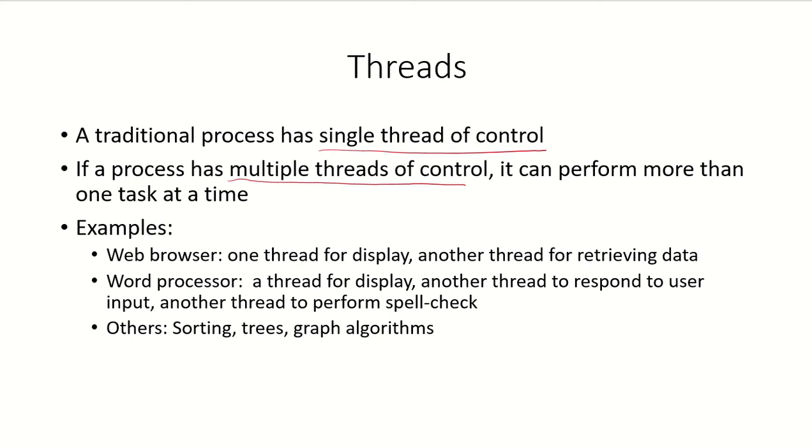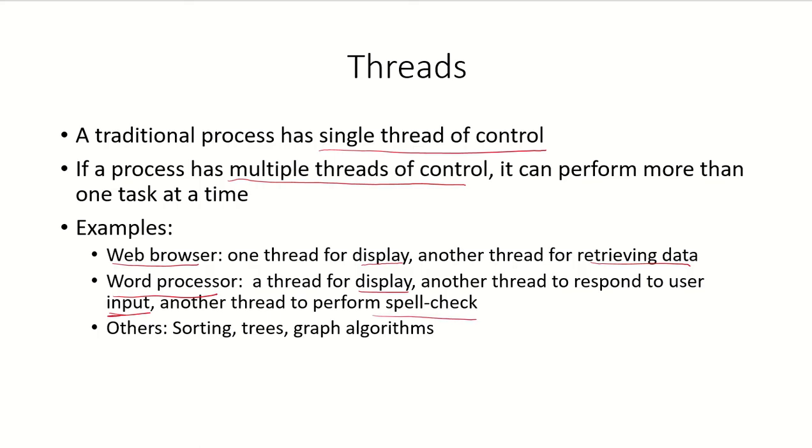For example, take a web browser. One thread can be used for the display and another thread can be used for retrieving the data that has been requested by the user. For a word processor, one thread is used for display, another thread can be used to respond to the user input through the keyboard, and another thread can run in the background to perform a spell check or a grammar check.